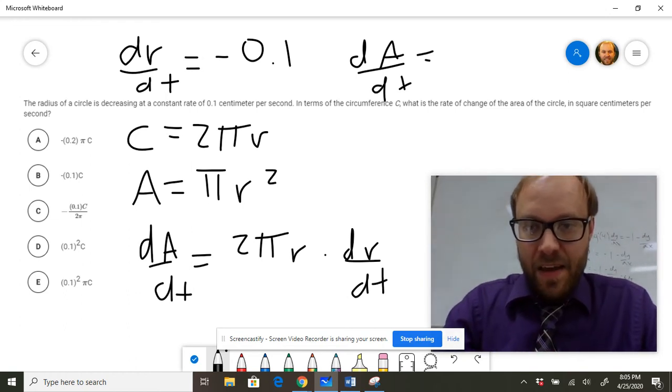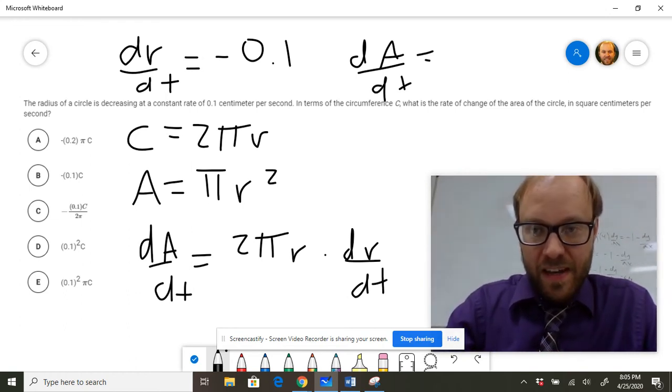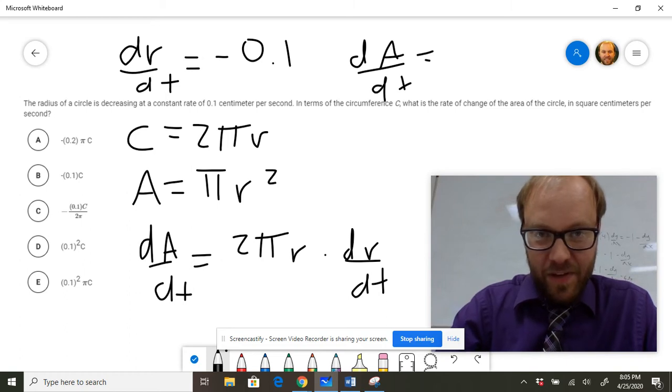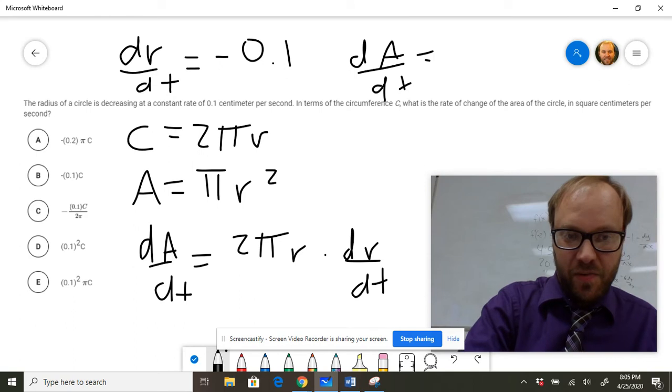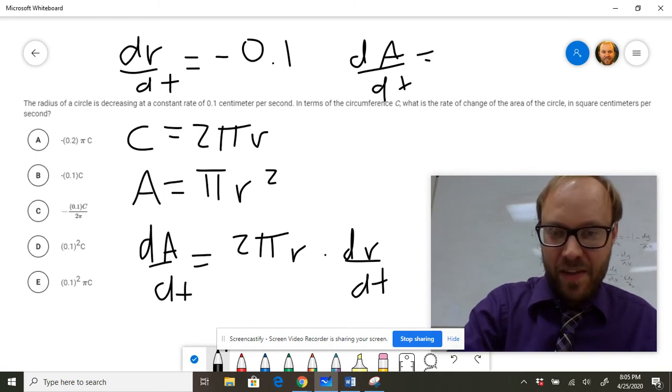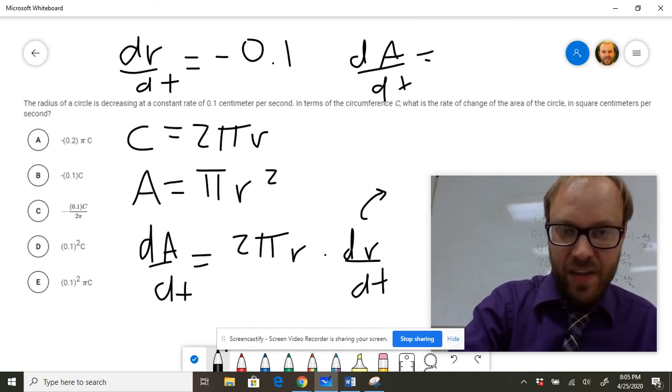Now they want me to find the rate of change in terms of the circumference C. We know a couple things here. We're looking for the rate of change of area, so we're looking for dA/dt. We have to fill in everything on the right side of the equation. We know that dr/dt is negative 0.1.